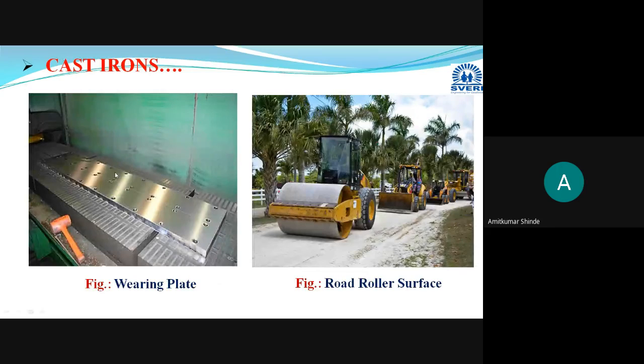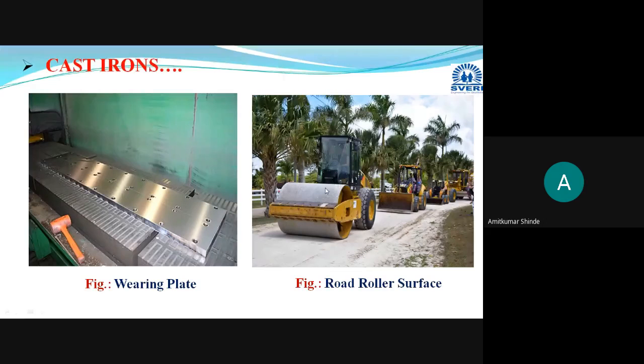These are the wearing plates. Whenever a large amount of wear is occurring, we cover that. Suppose an expensive material is there, and during practical use, due to friction, a large amount of material loss is occurring. Then that material will be covered with a thin layer of white cast iron. That layer is termed the wearing plate.